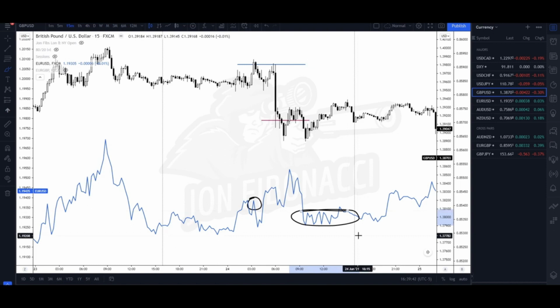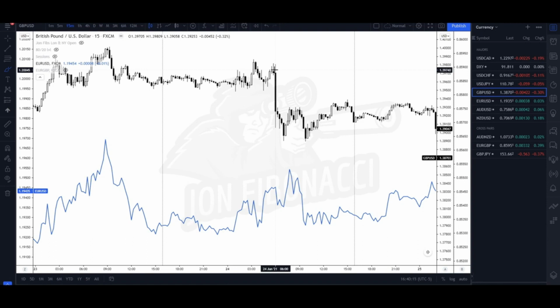So there wasn't really a lot offered there unless you had waited until New York to short up in that area. But by that time, the number of pips, and even in terms of risk reward, I don't think was as good to the downside as British pound was. I hope that makes sense.